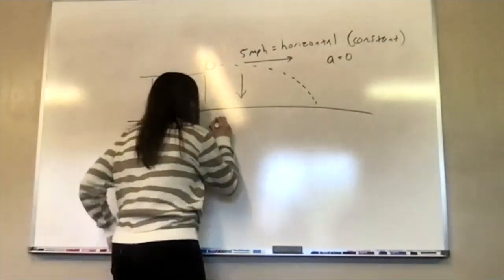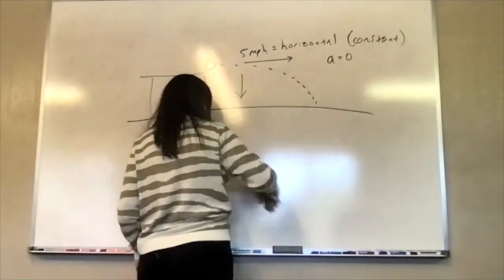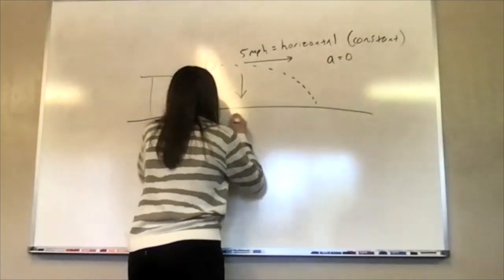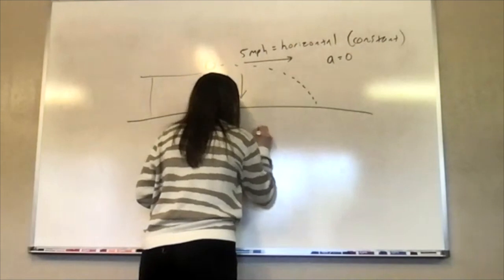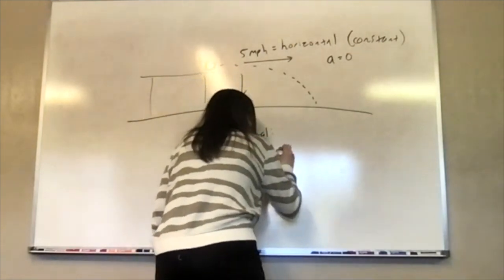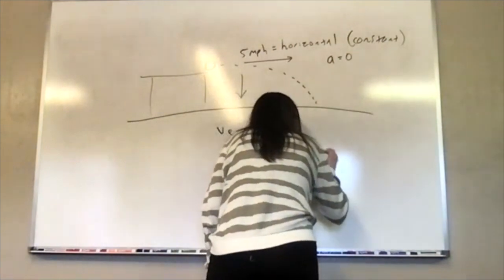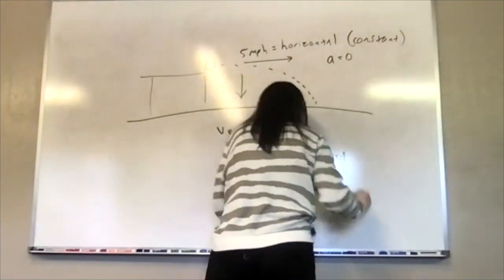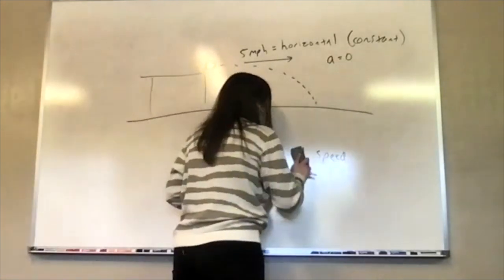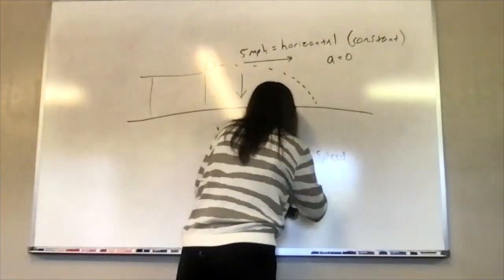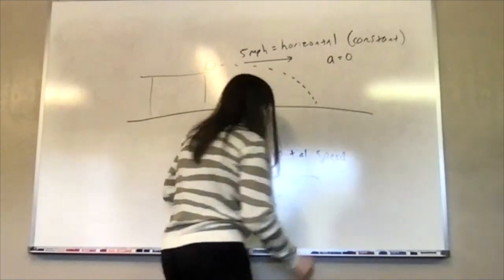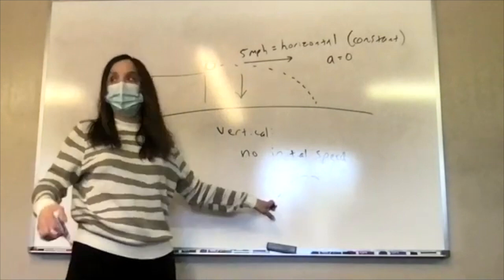So initially, in the vertical component, there is no initial speed. Now, if you threw it at an angle, then that would be different. If you threw it, say, like this, well, now there is initial vertical speed.